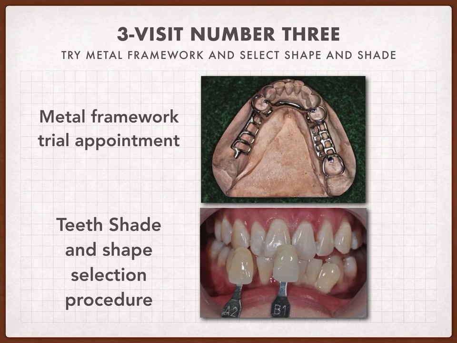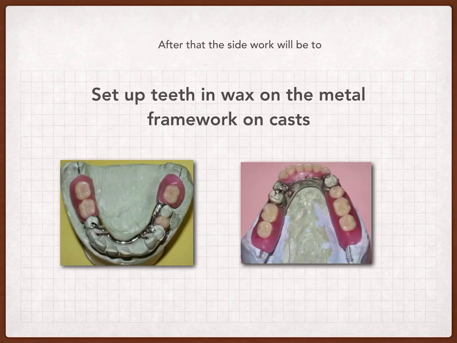And if everything is okay, we will choose the correct shade and shape of the teeth and send them back with the metal framework to the lab, so that it can arrange the proper teeth on the metal framework using wax. Okay?